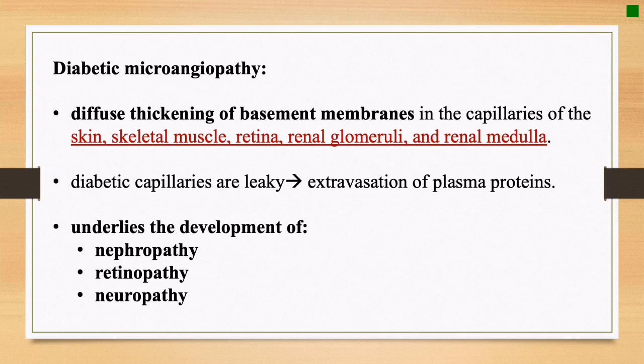It's characterized by diffuse thickening of basement membranes in the capillaries of the skin, skeletal muscle, retina, renal glomeruli, and renal medulla. Despite the increase in the thickness of the basement membrane, diabetic capillaries are considered leaky, leading to extravasation of the plasma proteins. This underlies the development of nephropathy, retinopathy, and neuropathy.